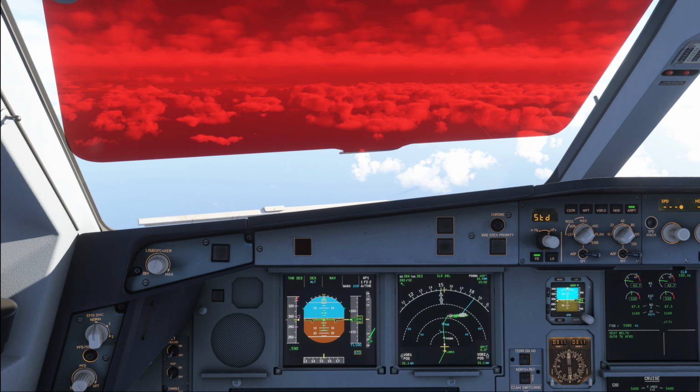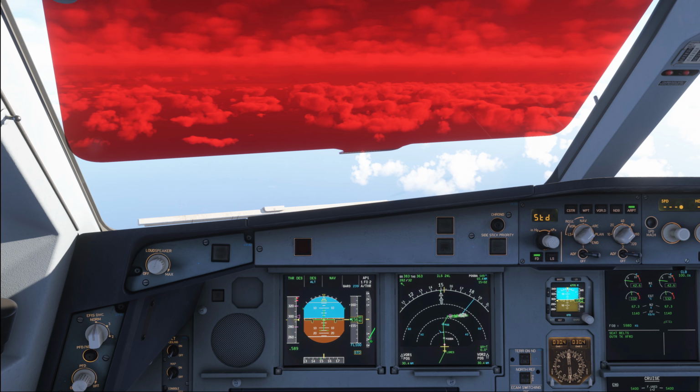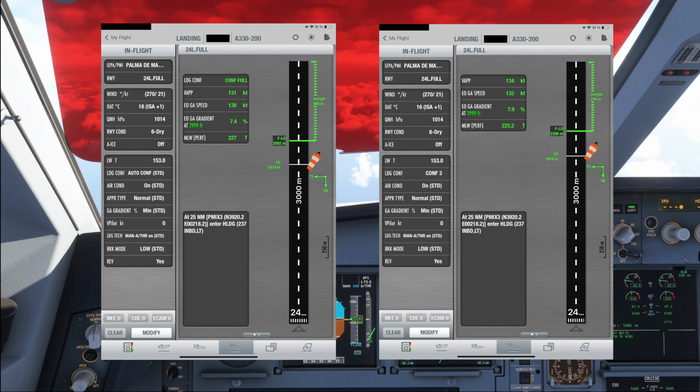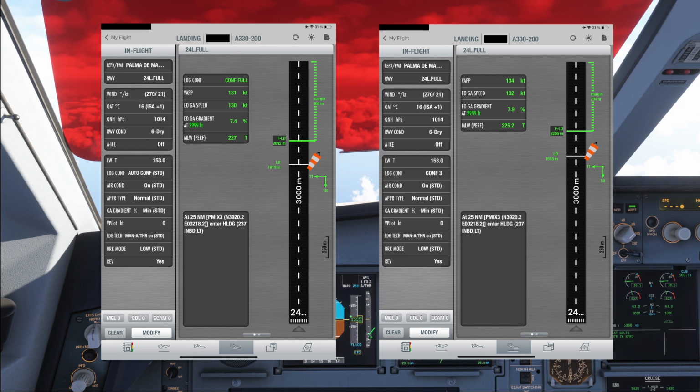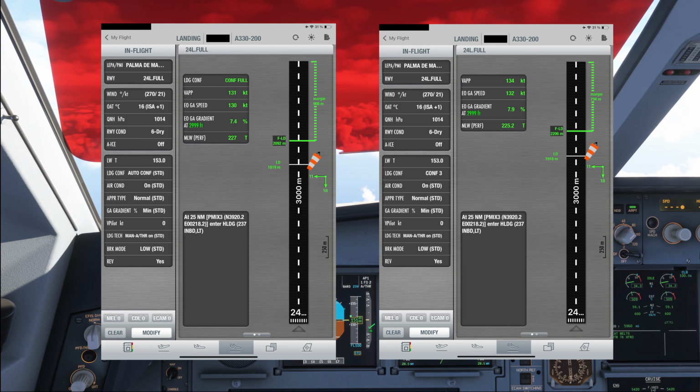Well, let's have a look at the real-world Airbus performance calculator on an example of the approach that we're about to fly right now. And this is what it looks like. So, on the left-hand side I have done a calculation in automatic mode, and the Airbus tool advised us to use config full, which gives us an approach speed of 131 knots and a factored landing distance required of 2092 meters.